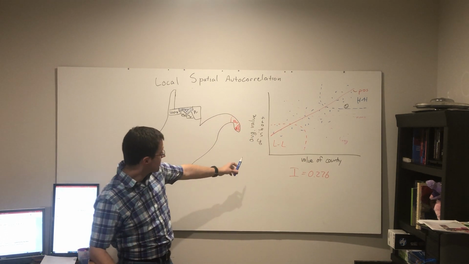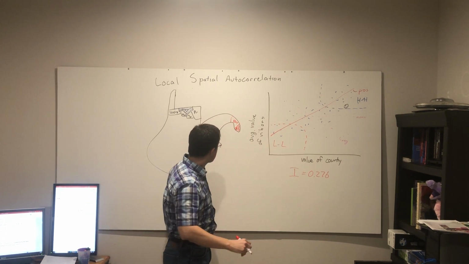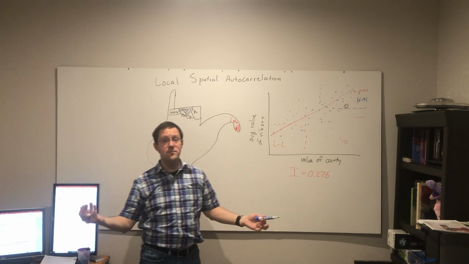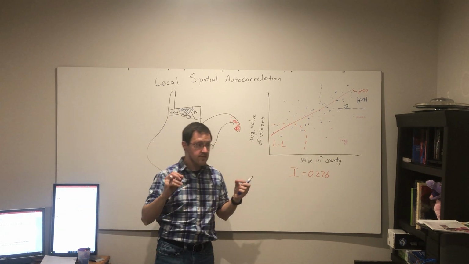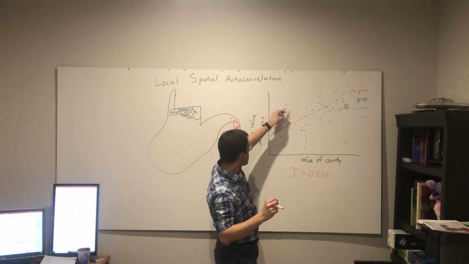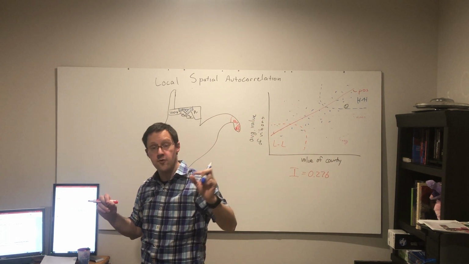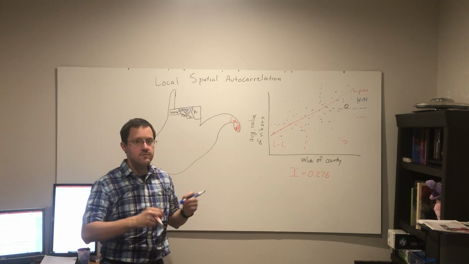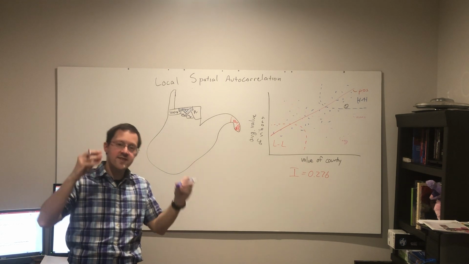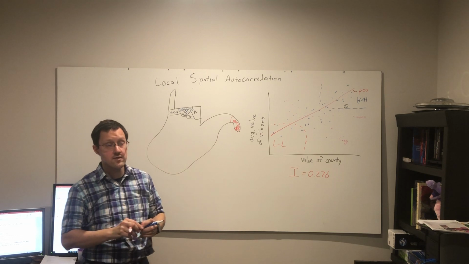That would put Jefferson County in a low category. You'll notice the way I drew it, there are a few counties, a small number of counties, that actually don't quite fit that trend.